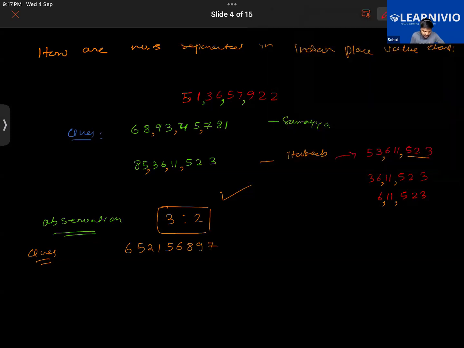In this, Habib, you will tell me the place value of this 5, which I have circled, and you will tell me the place value of this 6 also. And Sumaya, you will answer the place value of this 5 and this 2.